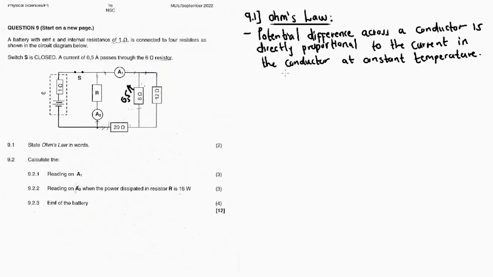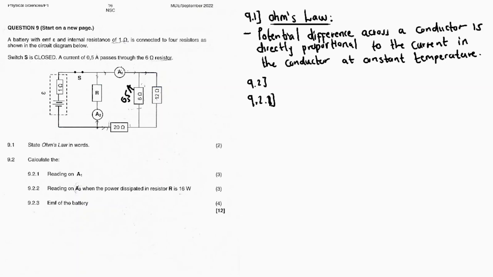Now we go to 9.2.1. Now in 9.2.1, calculate the reading on A1. So how do we calculate A1? So look, the idea here is to calculate the current, right?